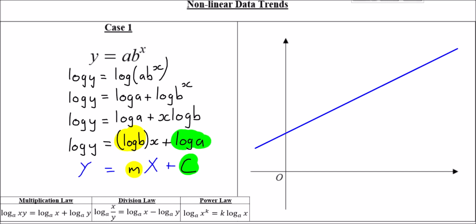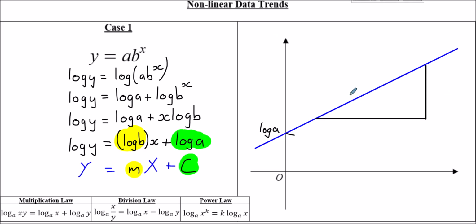So we can add this into our graph here. That's going to be log a. And the gradient is just going to be change in y over change in x. So we just take any two points, say here and here.